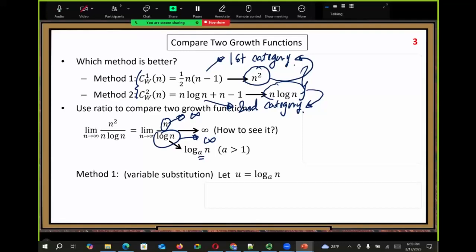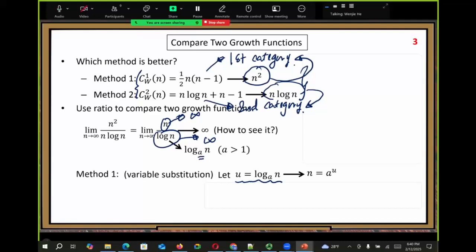To do that, we introduce a new variable, we call it u, equals log base a of n. After this new variable is introduced, by the definition of the logarithm, we have n equals a to the u. A is a constant greater than 1.